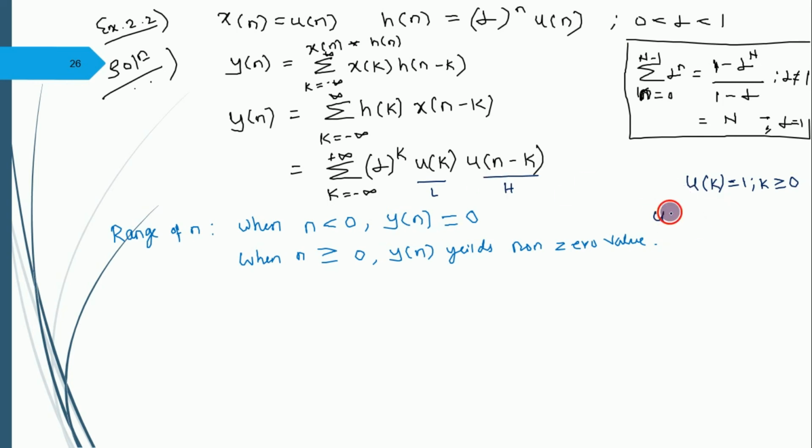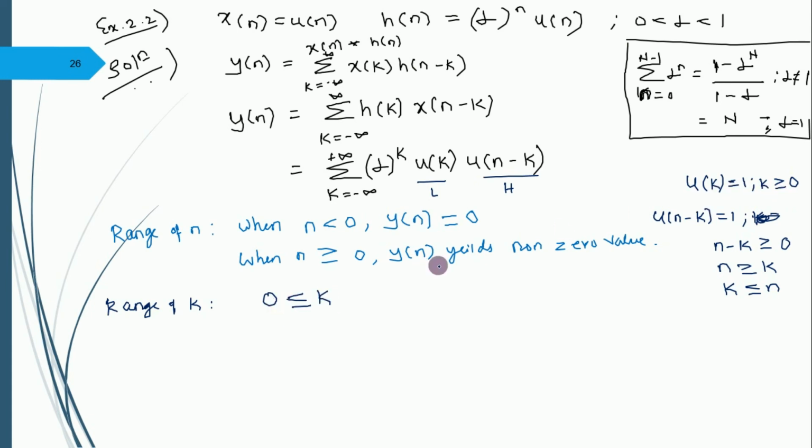Now for the lower limit, u of n minus k is equal to 1 only for n minus k greater than or equal to 0. Taking k to the other side, I get k less than or equal to n. So the range of k is k greater than or equal to 0 and less than or equal to n.